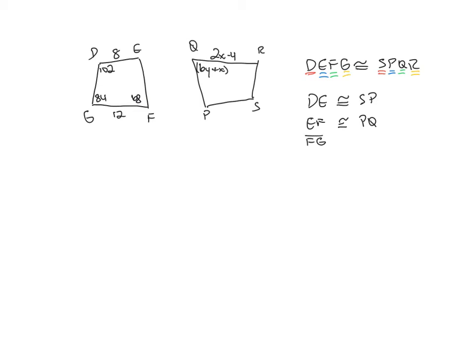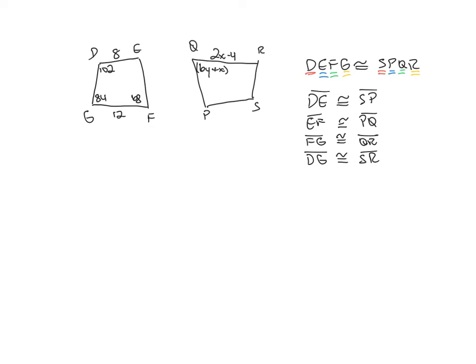FG, technically these are all segments, but FG is congruent to QR, and DG is congruent to SR. So the first and last one kind of end up going all the way back around.